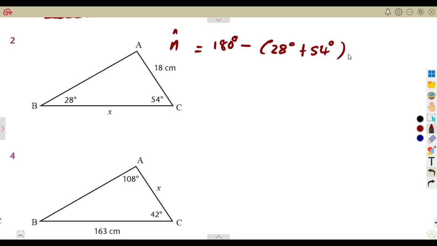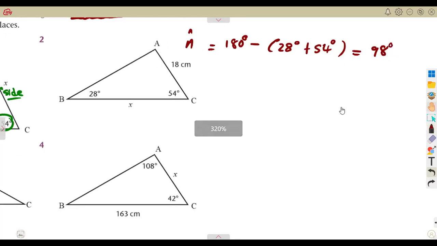You must remove these angles since they are not part of this A. So we must remove this from 180 so that we remain with A. That was going to give you 98 degrees if you simplify properly.